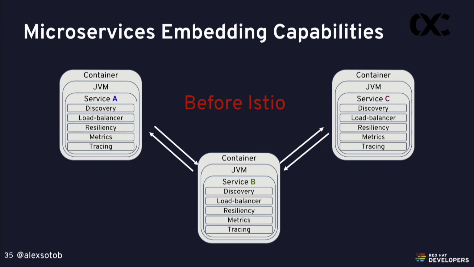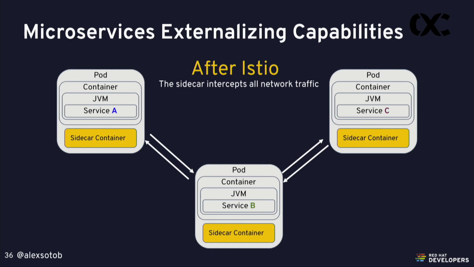This is how we worked before Istio, but now with Istio it works something like this. Take your JVM, put all your logic inside your service, and then all these cross-cutting concerns go inside a sidecar container. A sidecar container is a container that lives inside the pod and has the same life cycle as the pod. This means that in each pod we really have two containers: the sidecar container and the service container.